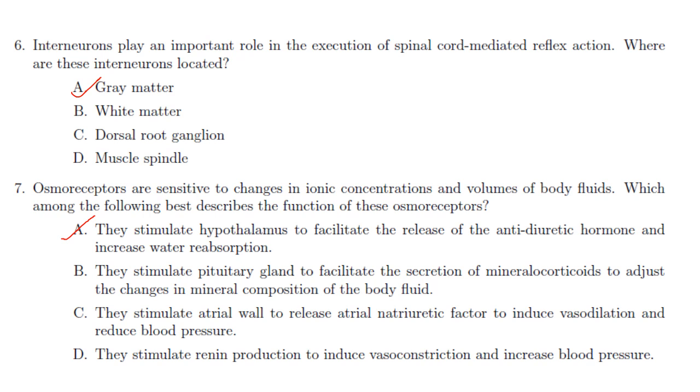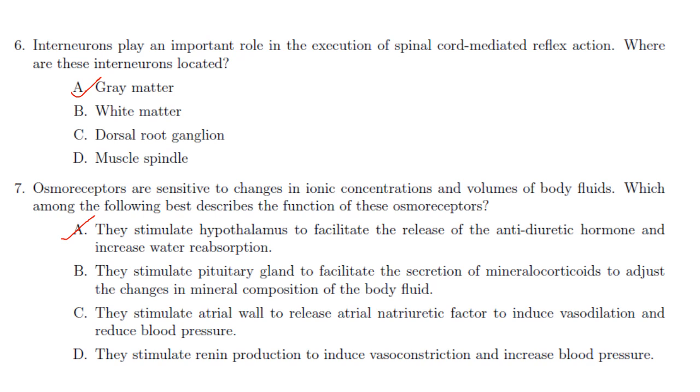Now, which among the following best describe the function of these osmoreceptors? They stimulate hypothalamus to facilitate the release of antidiuretic hormone and increase water reabsorption. For example, if the concentration of ions in the blood becomes too high, then these osmoreceptors will sense that.